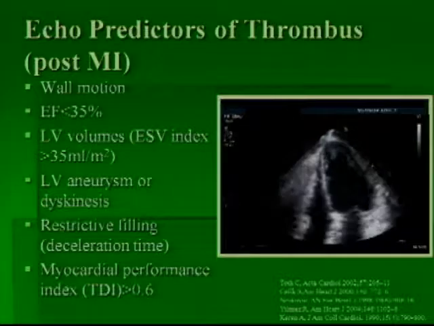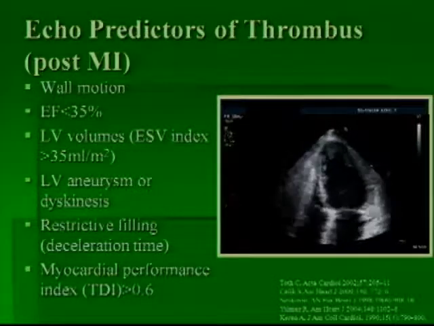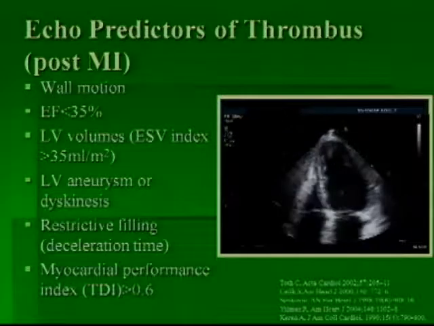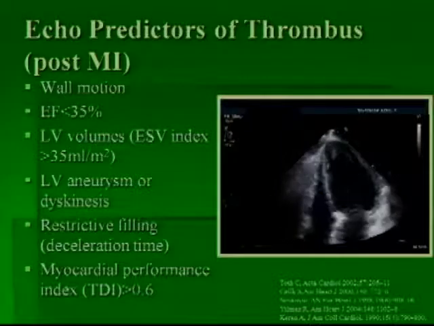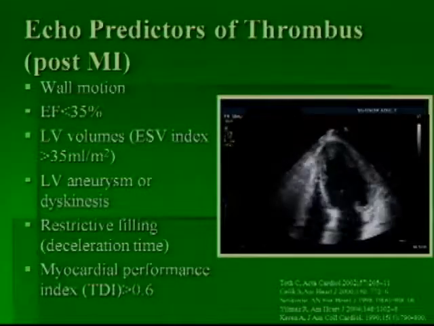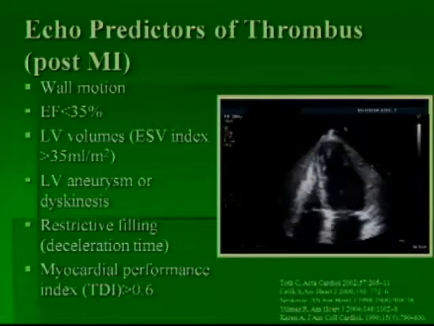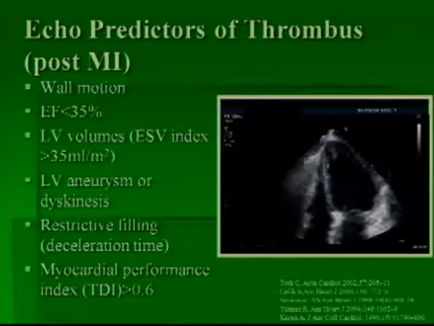Restrictive filling, interestingly, has been noted to accompany the formation of thrombus within the heart, as has a myocardial performance index, the so-called TEI index, performed by tissue Doppler imaging, and that gives us a different scale, so that's why the myocardial performance index cutoff here is greater than 0.6.